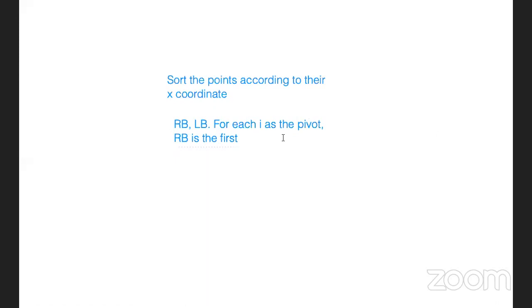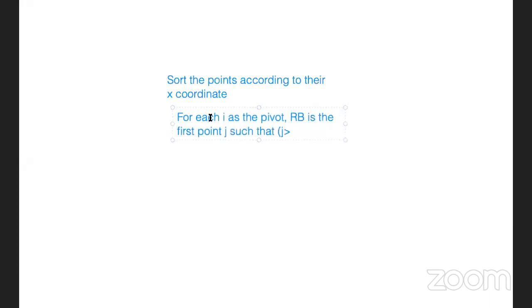Okay, thanks. Yeah, so for each I as the pivot, RB is the first point J such that J is greater than I and point J dot Y is less than point I dot Y. Okay.